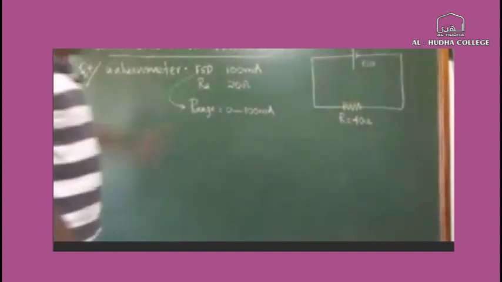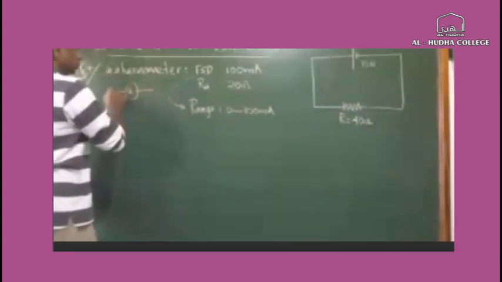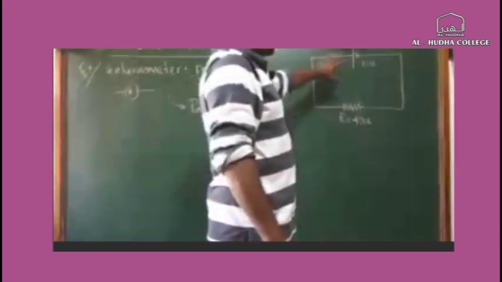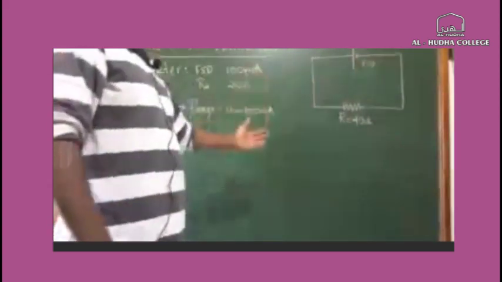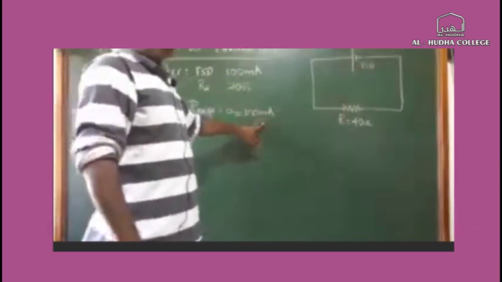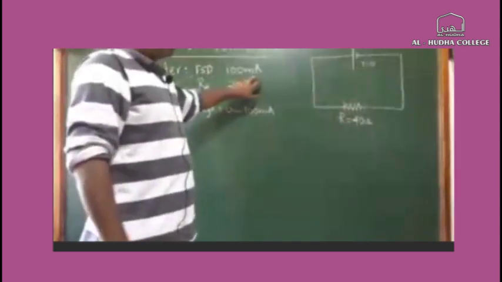Now, can we use this galvanometer to measure the current in the circuit? Right. So the first thing is, before connecting this galvanometer into this circuit, we have to make a small calculation and see what is the current that is going to flow here. Otherwise, without knowing, if you connect it, the meter can be burned, right? Because the meter can withstand the maximum current of 100 milliamps, because the range is 0 to 100 milliamps.